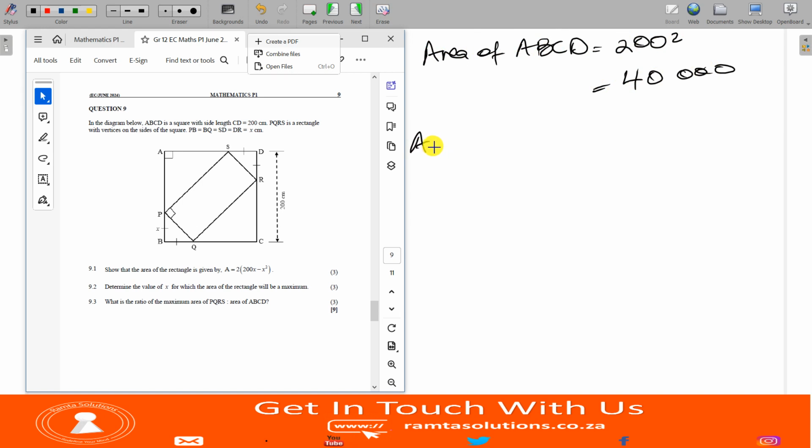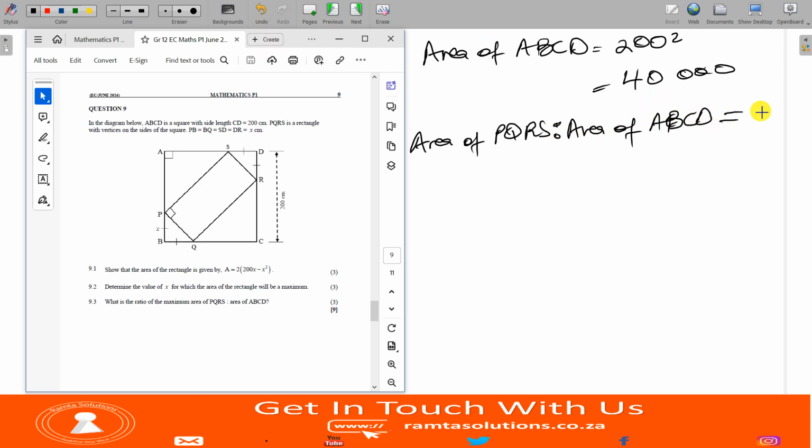Therefore, the area of PQRS, of course, it's area A that we calculated, is to the area of ABCD is equal to what? Because I won't have enough space, I'm just going to write here, is equal to that one. We said it was 20,000 square centimeters, is to what? 40,000 square centimeters.